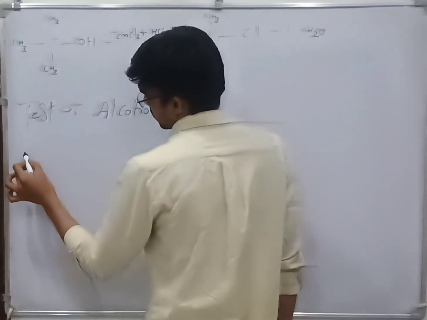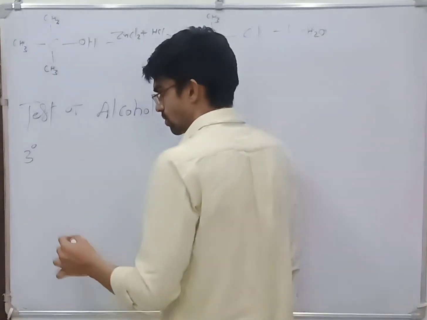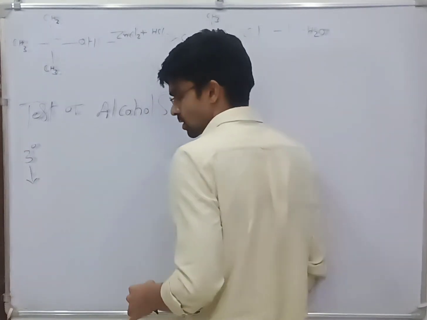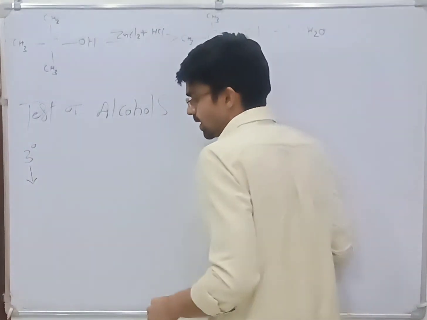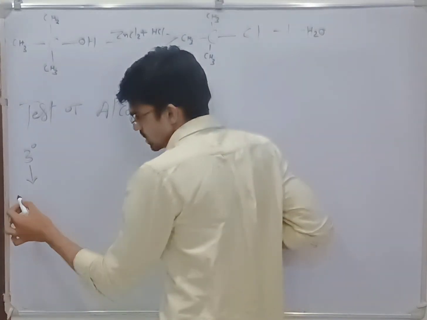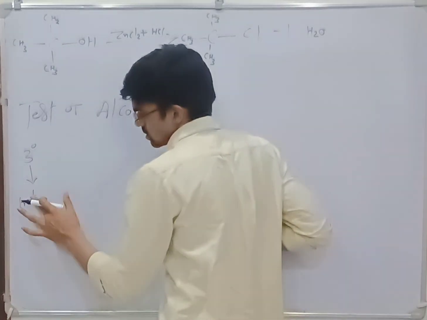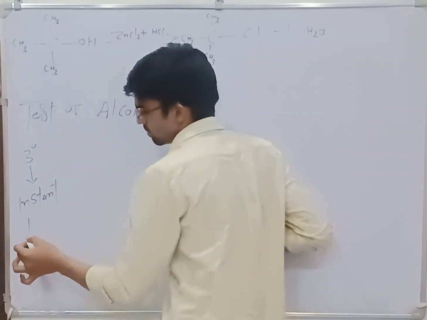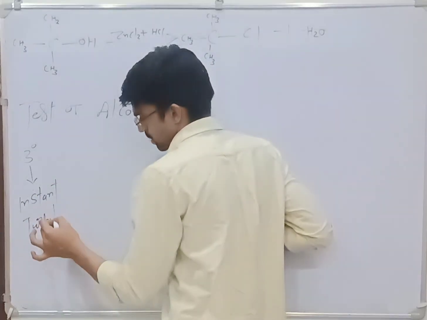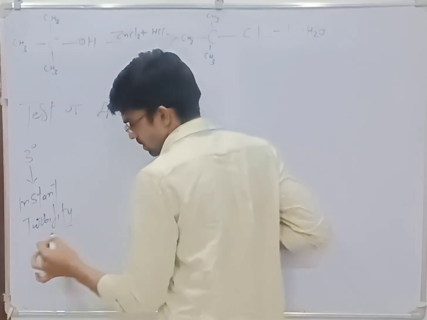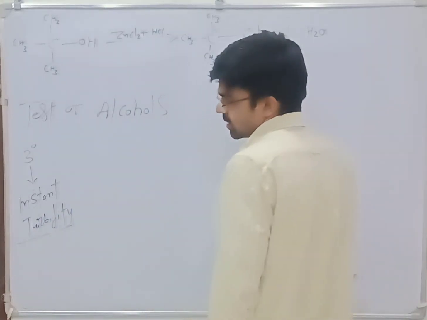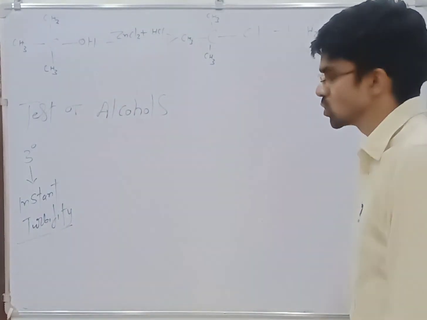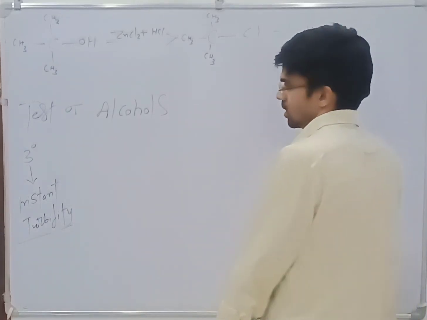Like if you are using a 3-degree alcohol, it will give instant turbidity. What is turbidity? Turbidity means it will react so fast and produce so much smoke.